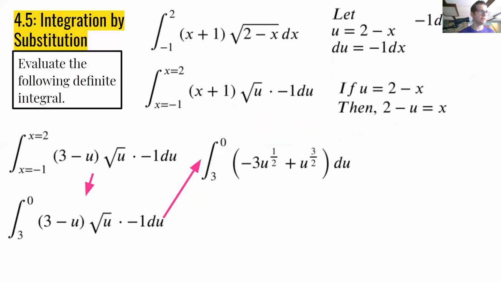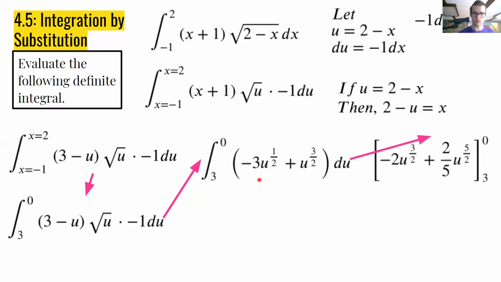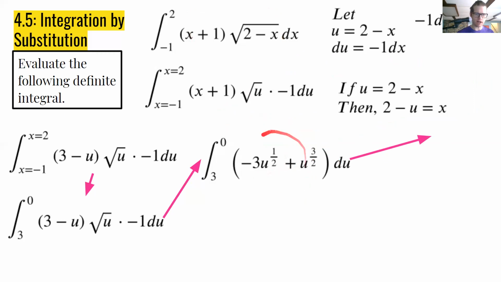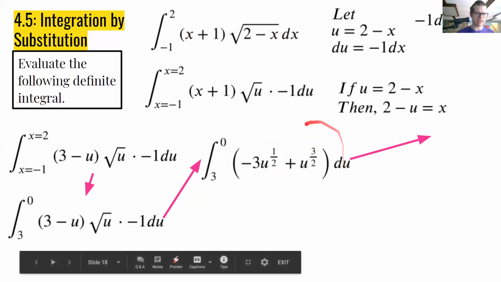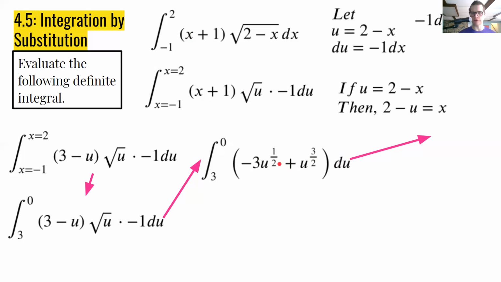And close annotation. All right, the next piece is we need to do the anti-differentiation. The thing to notice is this is simpler to work with than what we had, because both of these follow our power rule for integration.